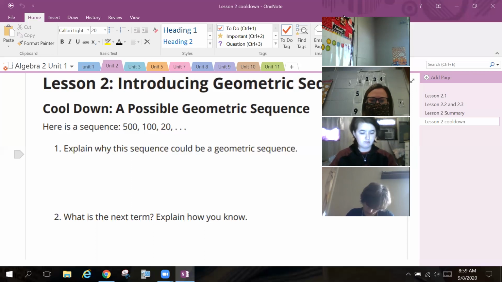So if you get done with all of that, you could go ahead and start on the practice for lesson 2 in the workbook, because that's your homework. It's going to be the lesson 2 practice.